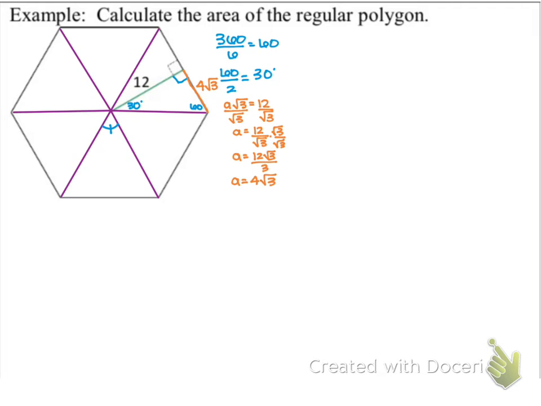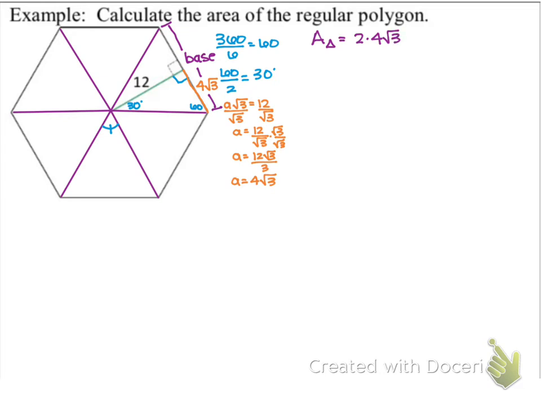Okay, I think I can now find the area of the purple triangle. The area of the purple triangle is going to be the base, where the perpendicular happens. So we're going to have 2 of the 4 root 3s.